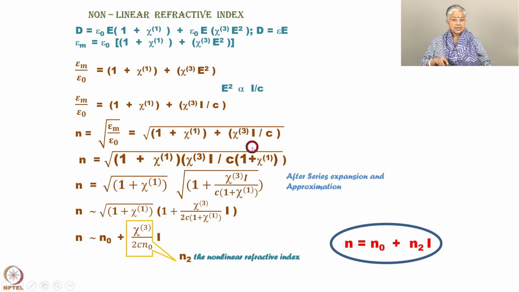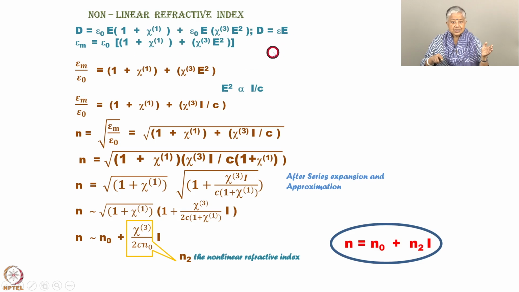So, then we can say D is equal to epsilon 0 E times 1 plus chi 1, this is one term, and then epsilon 0 E chi 3 E square. If you look at this whole thing and juggle the characters a little bit, it will look something like D is equal to epsilon E, which we know.